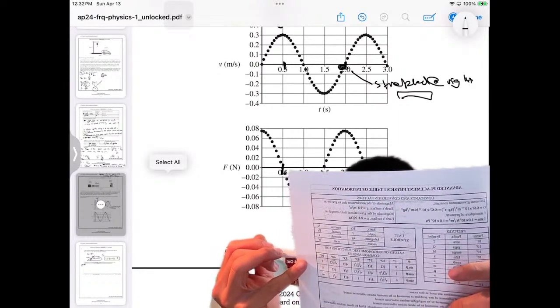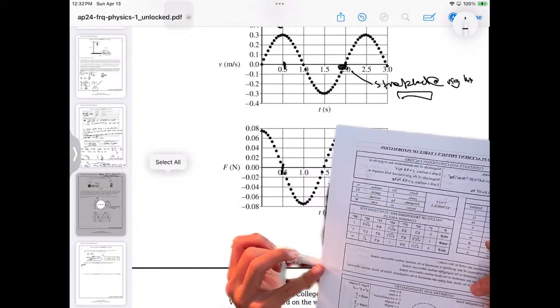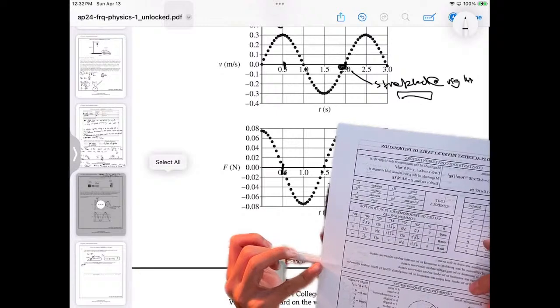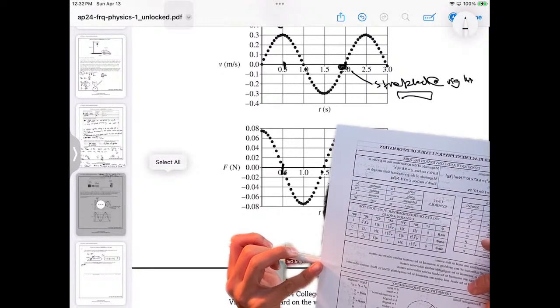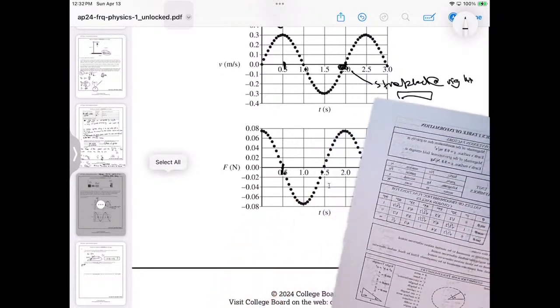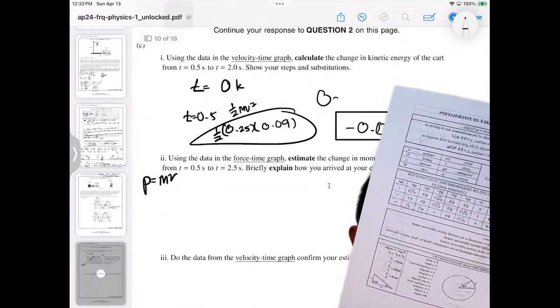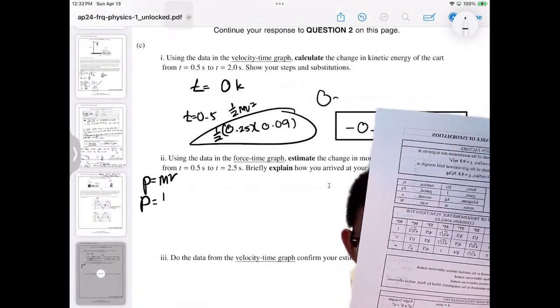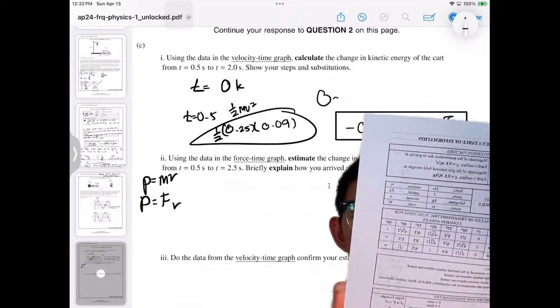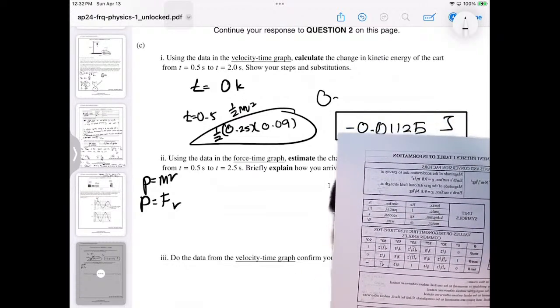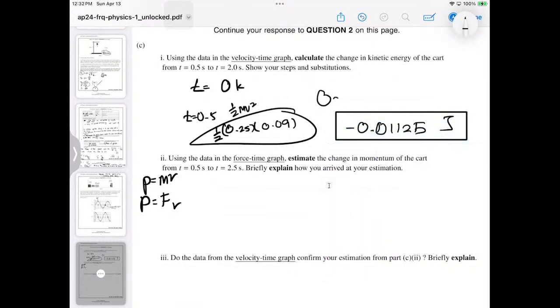P equals mv. P equals Fv, instantaneous. Fv cosine theta.